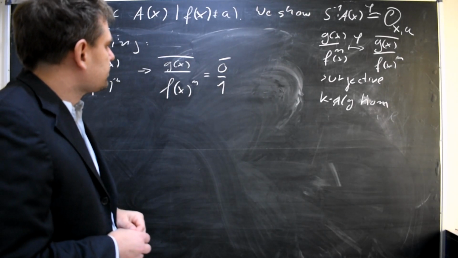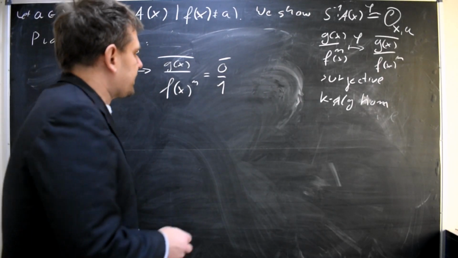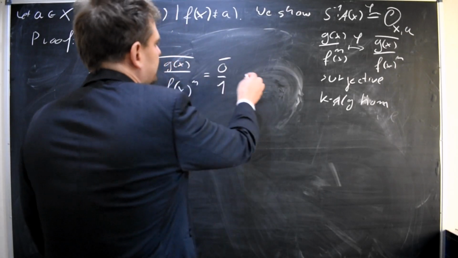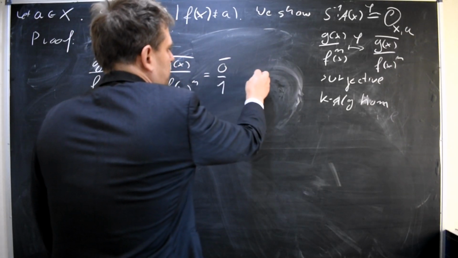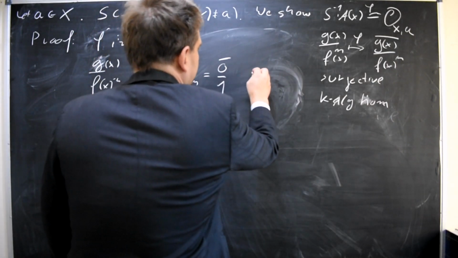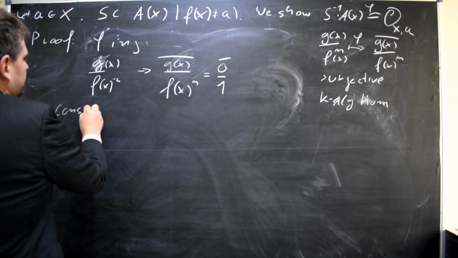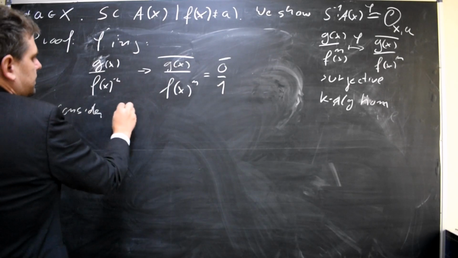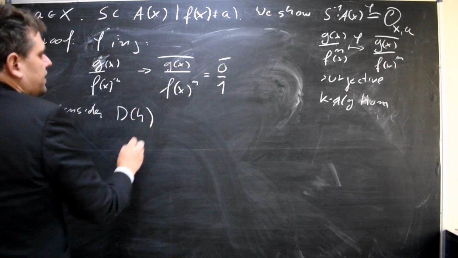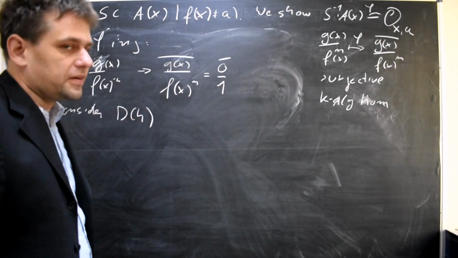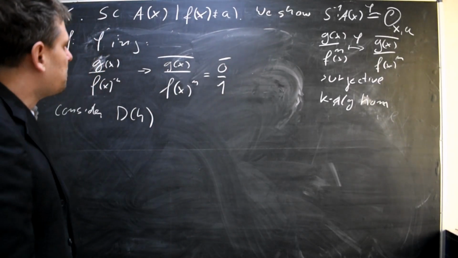So let's look at such a distinguished open subset. Let me write this. Consider D(h). So this is now our distinguished open subset.